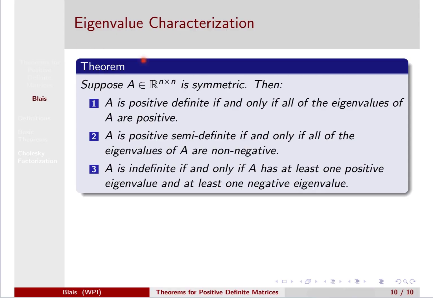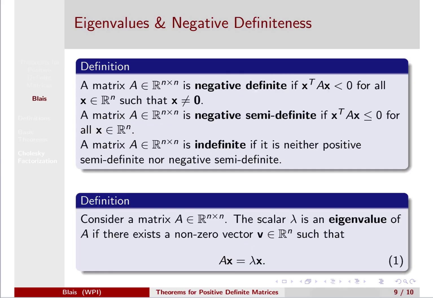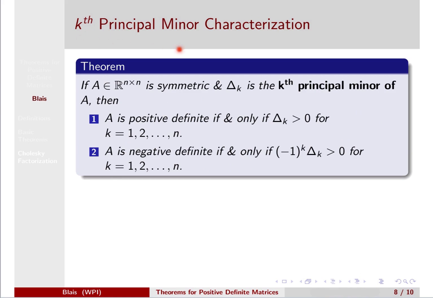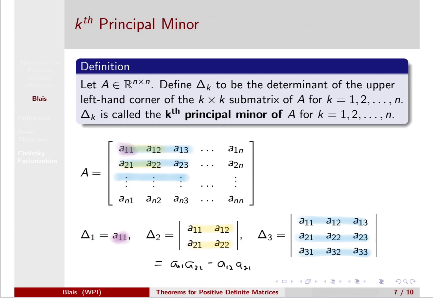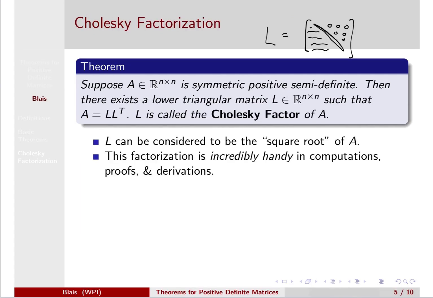In particular, the eigenvalue characterization. The kth principal minor characterization is nice, but it's not as helpful as the eigenvalue characterization typically. And I would say the eigenvalue result and the Cholesky result are two that you can find yourself using in many different settings.